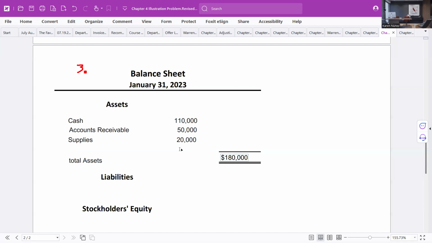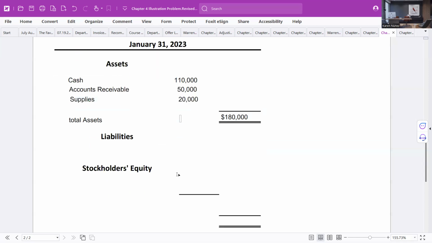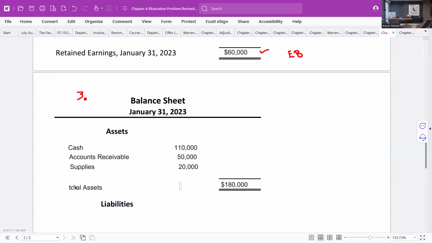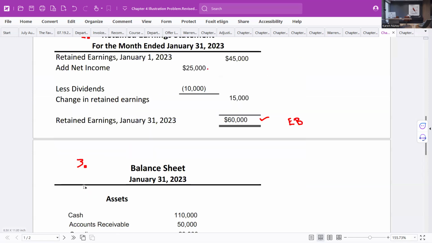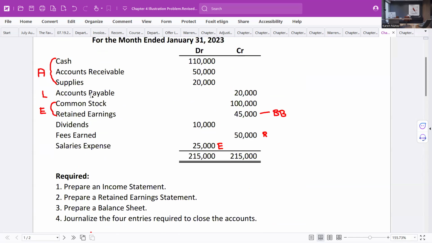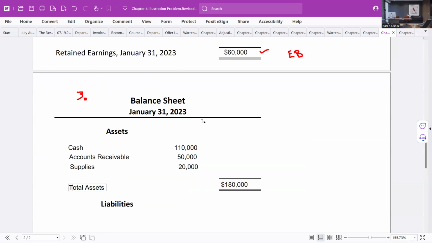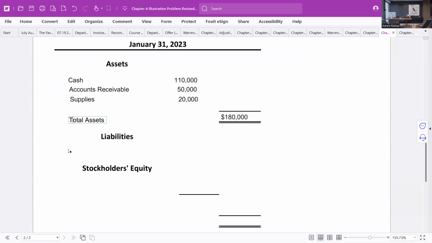So we have $180,000 for all of these assets. And then there's only one liability. And the only liability is the one identified, accounts payable for $20,000. So under liabilities, we've got accounts payable. And again, accounts payable is $20,000.